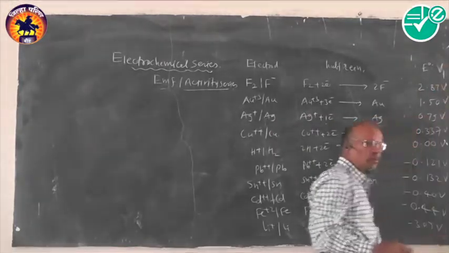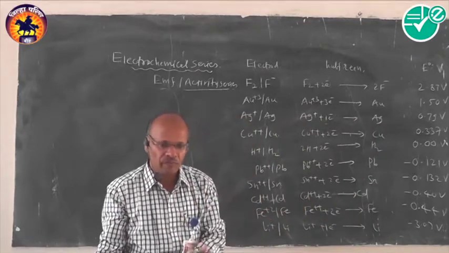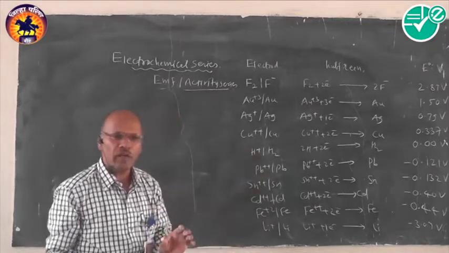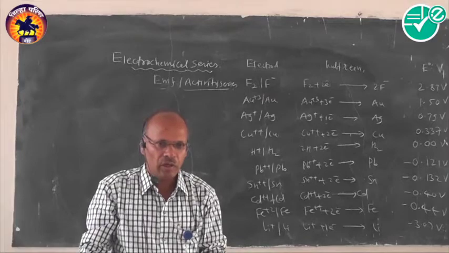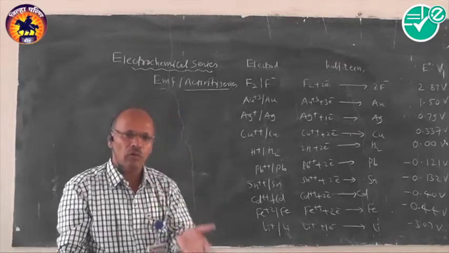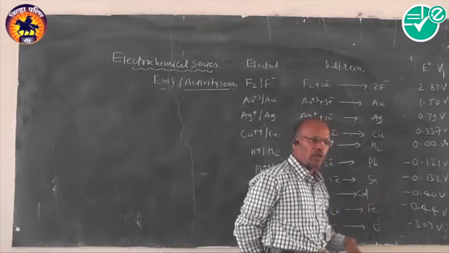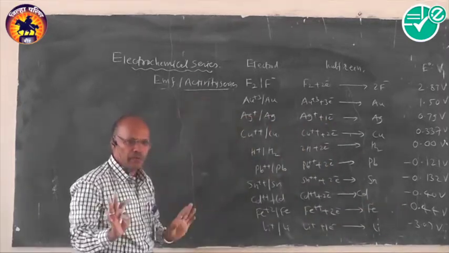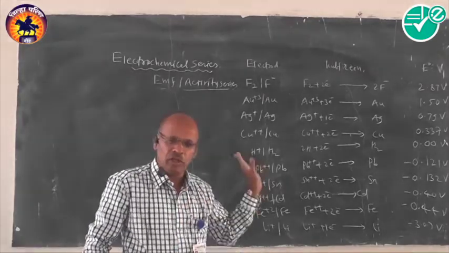It is always in terms of the volt. That is in terms of the standard reduction potential as per IUPAC norms. Hence, this series has been arranged in their decreasing order of standard reduction potential, or in short, the series which have been arranged in their decreasing order of standard potentials, we generally call electrochemical series or activity series. It is a definition. So is it clear to all members? Okay, let us hope it is clear to you.